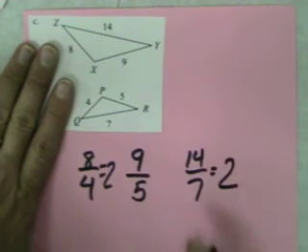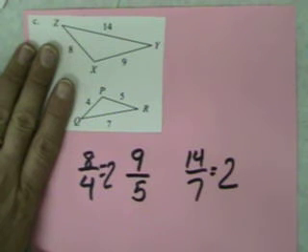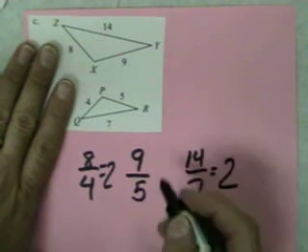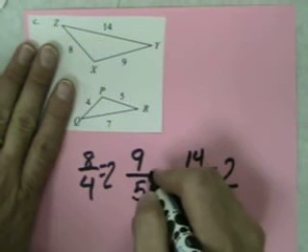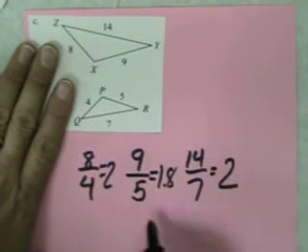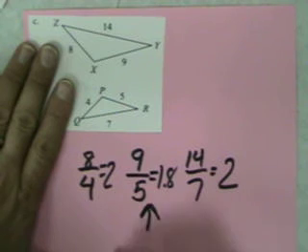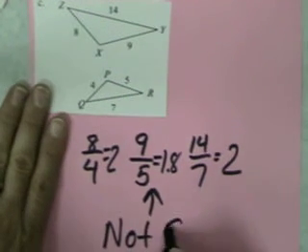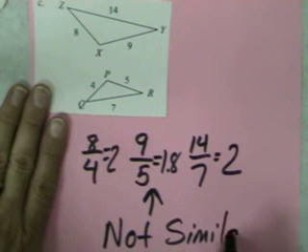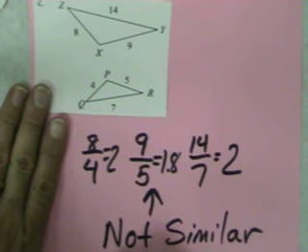That's 2. And 9 divided by 5 is 1.8. I know that because of this one not being the same as the other two, that these triangles are not similar. And the reason is all the corresponding sides don't have the same zoom factor.